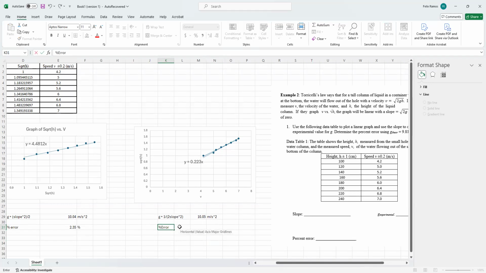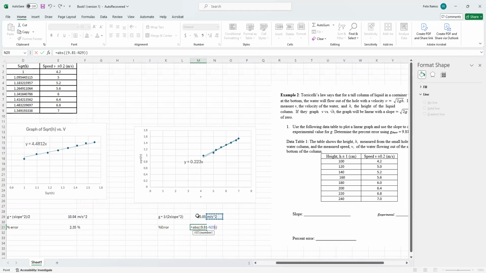So how you calculate that percentage of error: I will just use the absolute value function, the absolute value of the difference between 9.81 minus this value we have here, right?